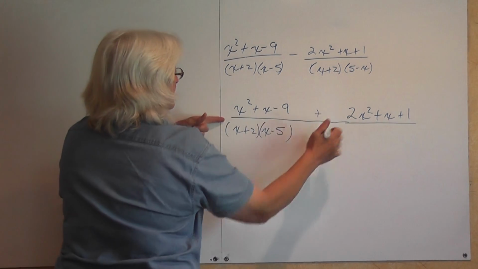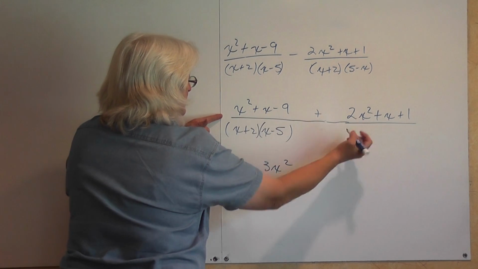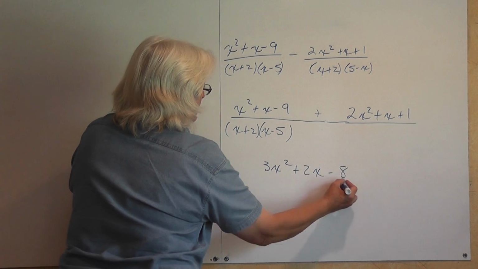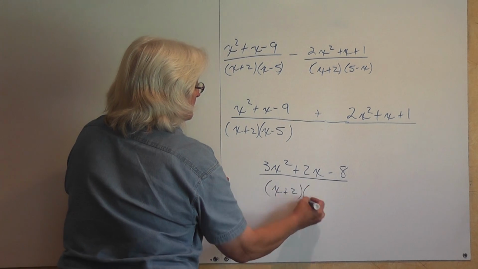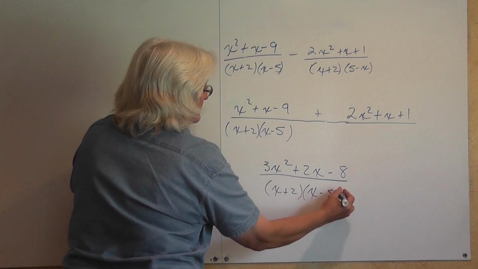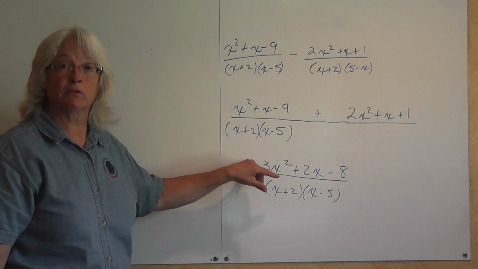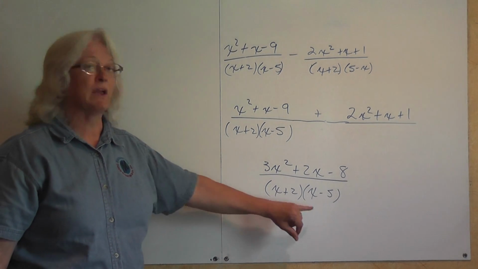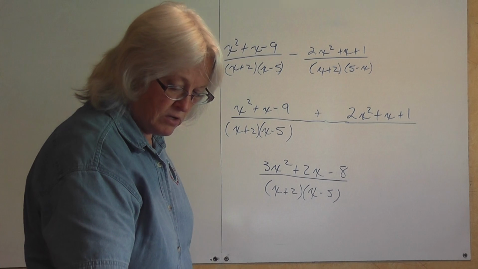We have x squared plus 2x squared, 3x squared, x plus x, plus 2x minus 8. Now you need to factor our numerator here and see if we have any common factors that we can cancel.